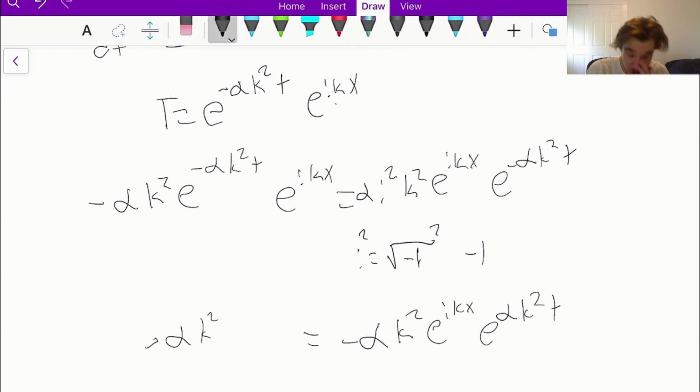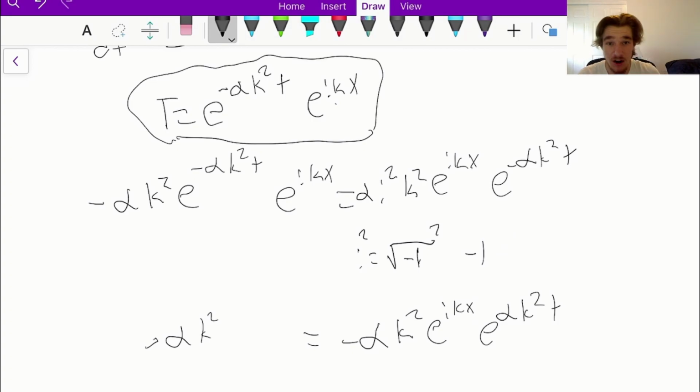That proves that these two expressions are equal and that this is a valid solution for our heat diffusion equation.